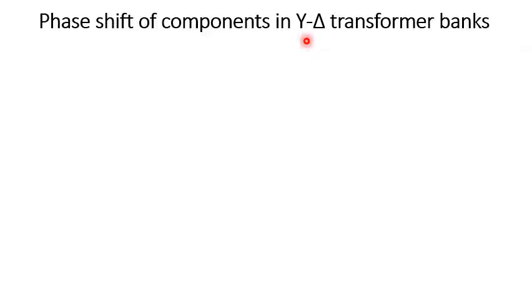Here we are going to refresh some of the concepts, that is the phase shift in a single-phase transformer. There is a shift which occurs between the primary and the secondary voltage and current, depending upon the primary and secondary winding and the way of the connection which you are going to make.